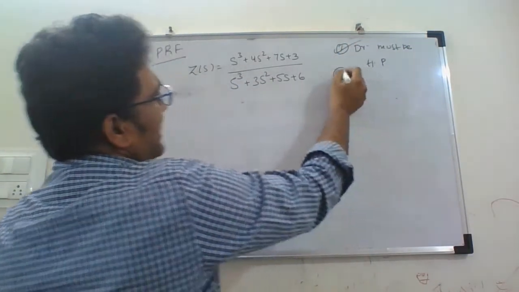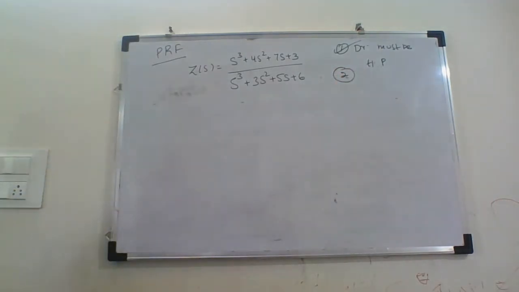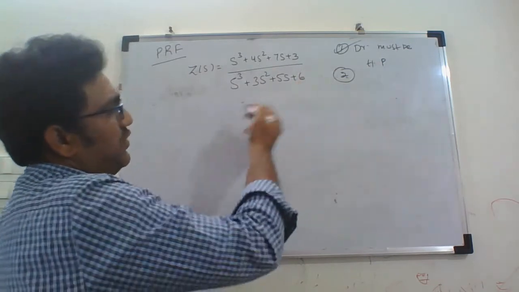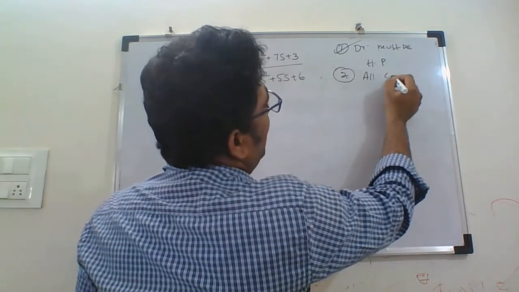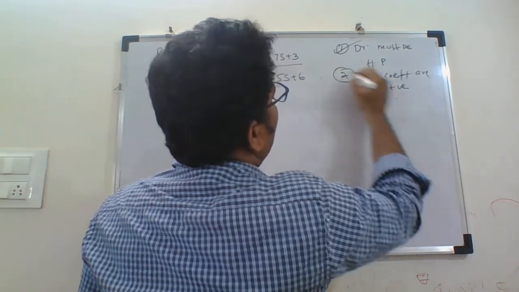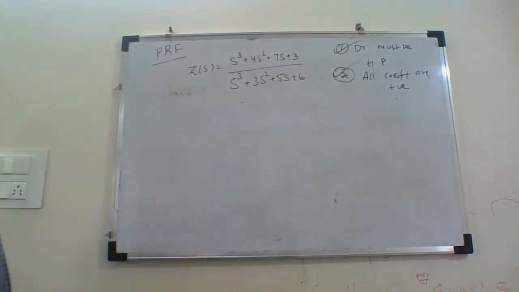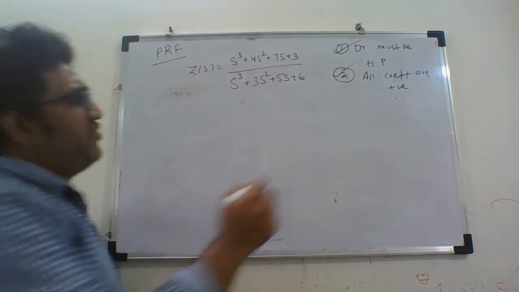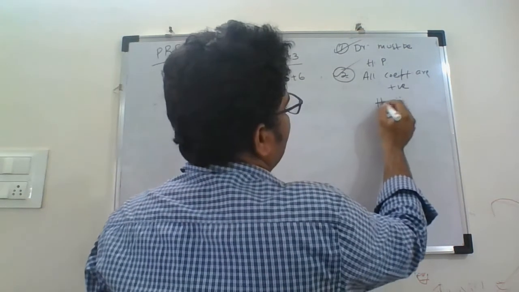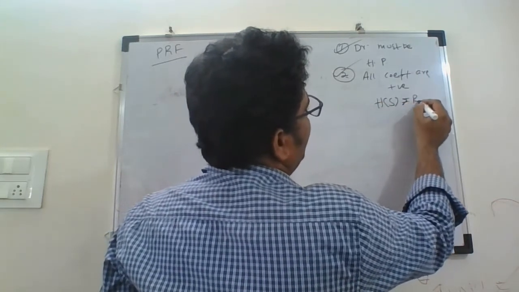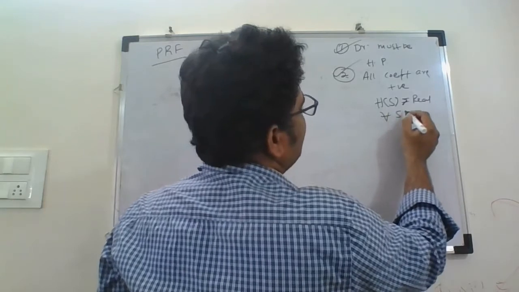What is the second condition? It is a very simple condition: all the coefficients in the numerator and denominator must be positive. All the coefficients are positive, so no problem, this is also satisfied. Therefore we can say that H(s) will be real for all s real.